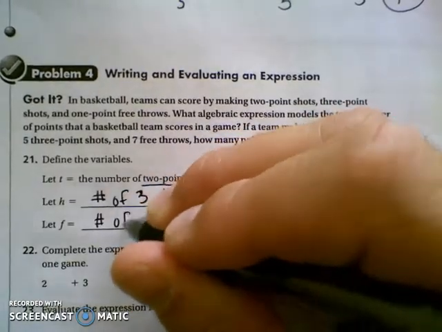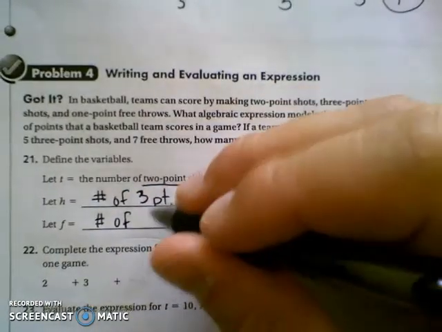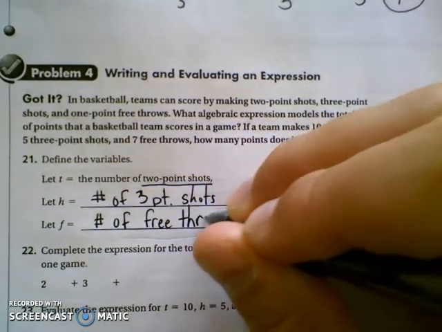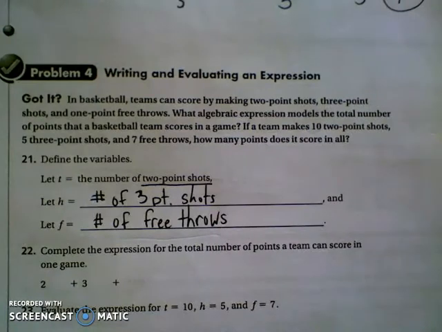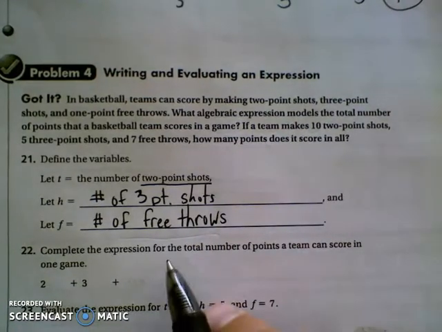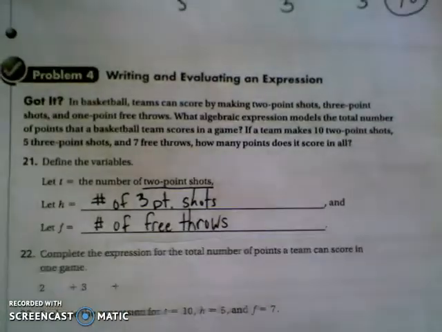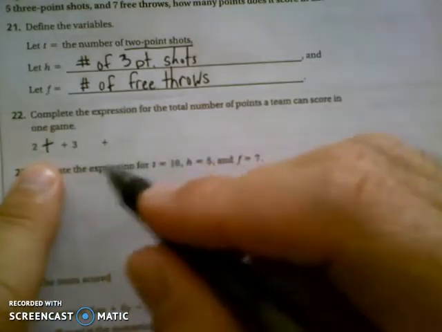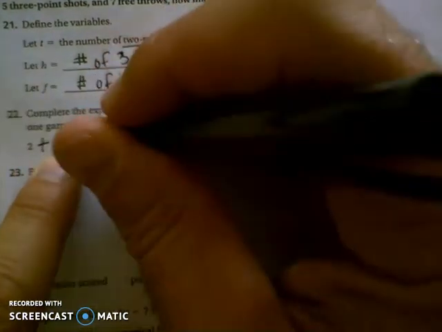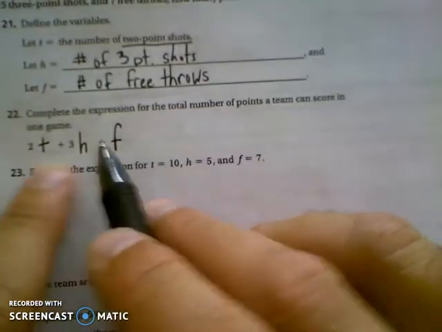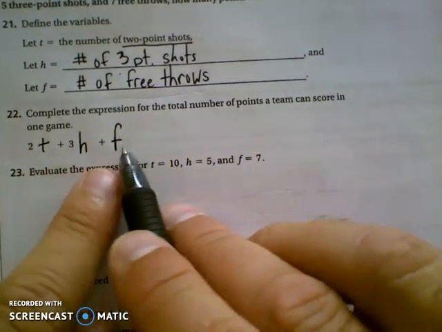And if you know anything about basketball, that is 1-point shots, really. So complete the expression for the total number of points a team can score in a game. So it's 2t plus 3h plus f. 2-point shots, 3-point shots, free throws.